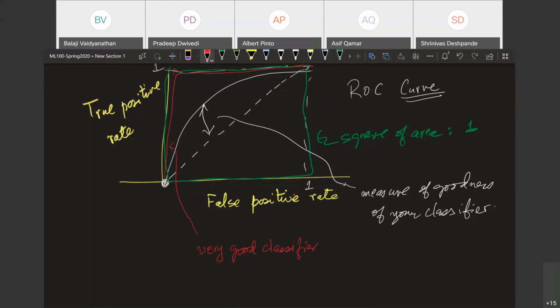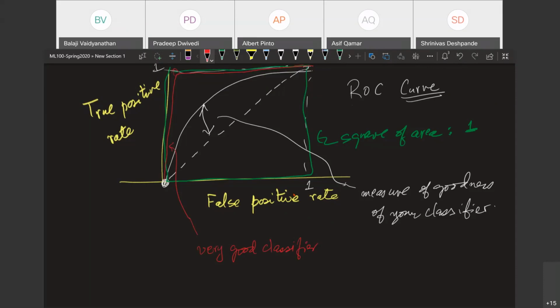So what will it mean? This is a perfect thing, right? You have a very high true positive rate and a very low false positive rate. It means it has very high precision and it also has very high recall, isn't it? That is the gold standard. Can you create a classifier that has goodness on both sides?